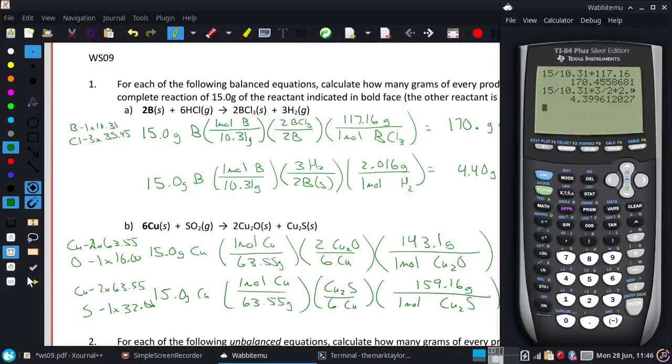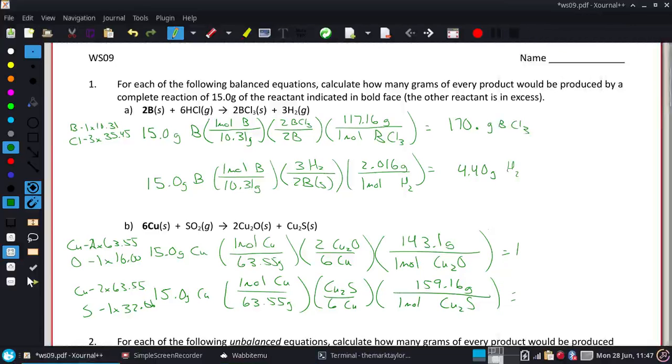Okay, so we have 15 divided by 63.55 times 2 divided by 6 times 143.1. We get 11.3 grams.